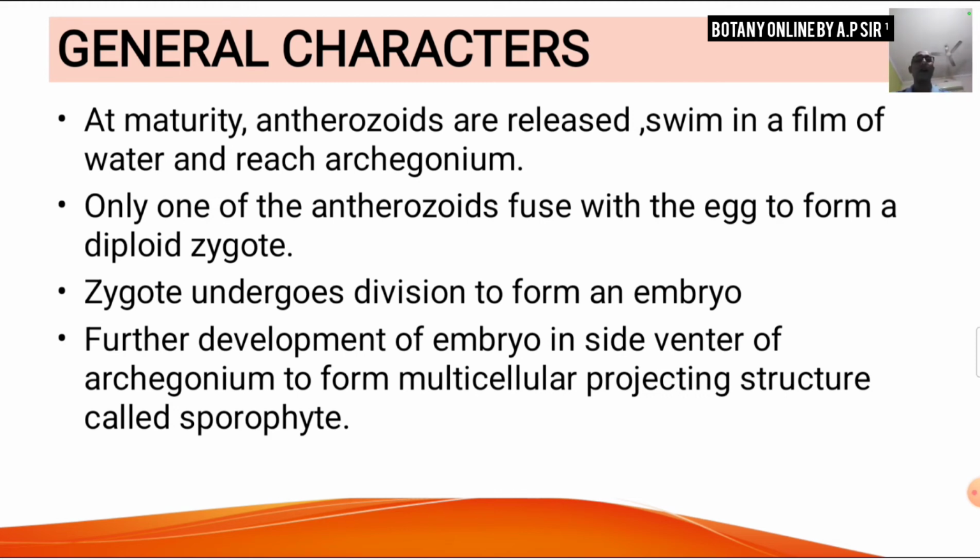Once the antherozoid reaches the egg of the archegonium, it fuses with it, and all these things happen inside the venter of the archegonium to form zygote, and zygote gives rise to embryo. Now embryo further develops to form a multicellular projecting structure called sporophyte.